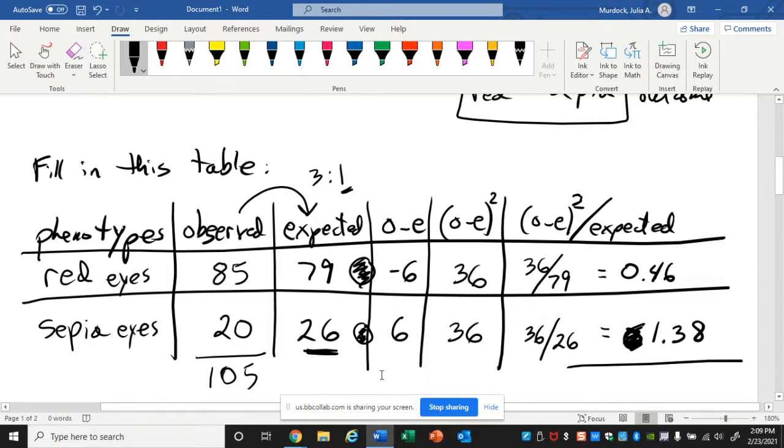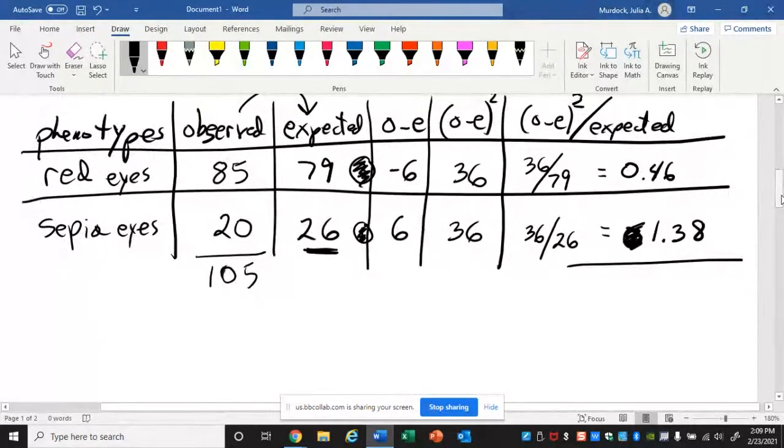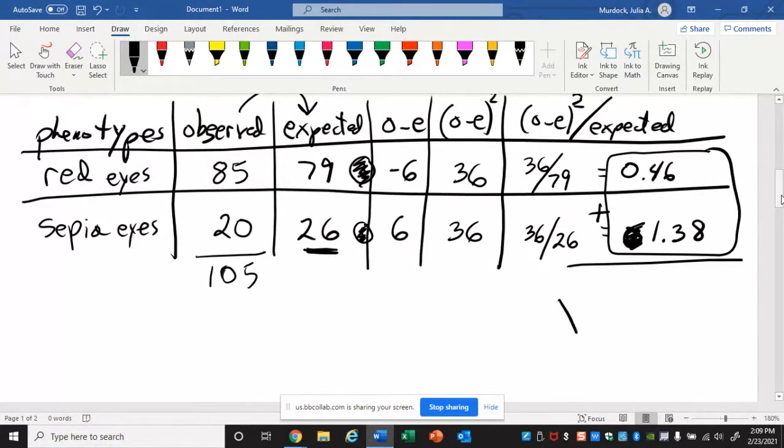Okay, now the final calculation to get a chi-square value is that you take these two numbers and you add them together to get your calculated chi-square, which should be 1.85. Are you guys getting the same number I am? Hope so.